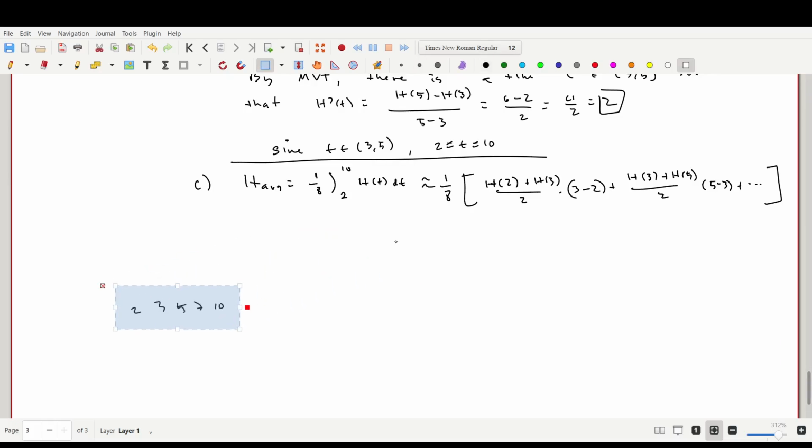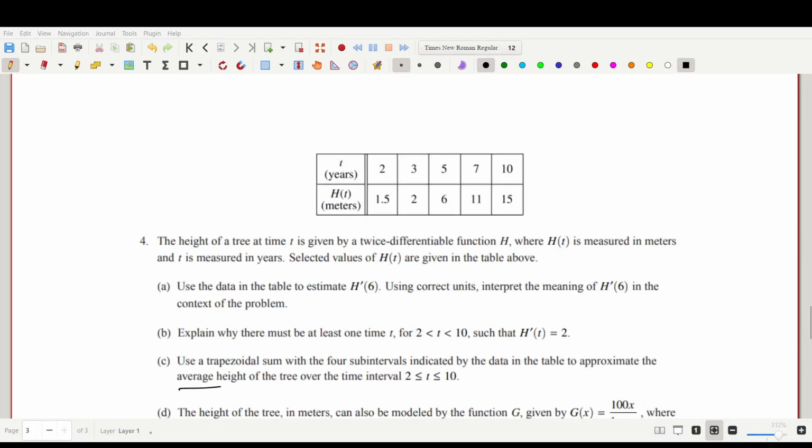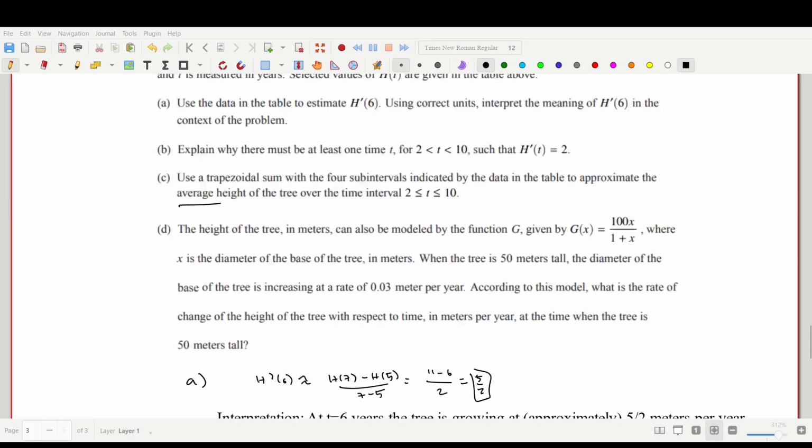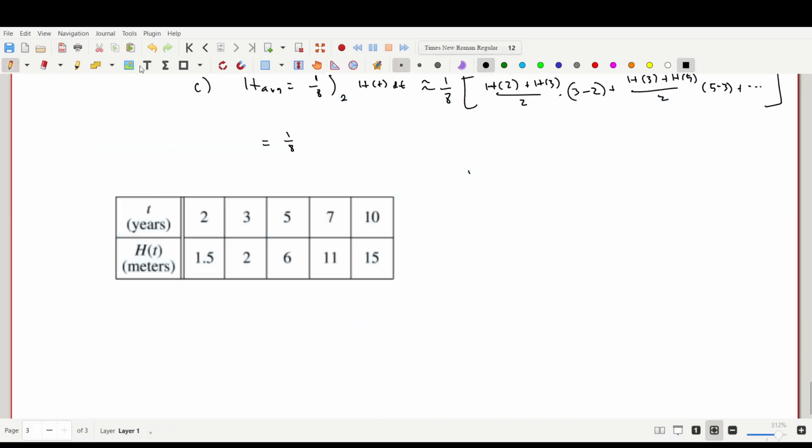And then that would be equal to 1/8 times, I should just copy this down. 1/8 times, what is it? 1.5 plus 2, so 1.75, God, I really hate that. 1.75 times 1, and then the next one is average of 2 and 6 is 4, so 4 times 2 is 8.